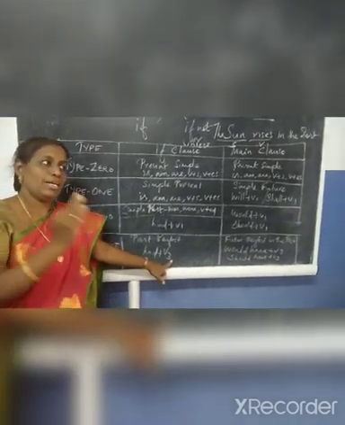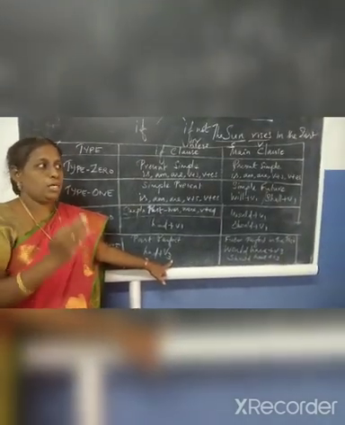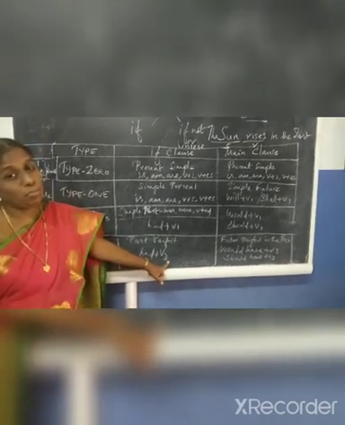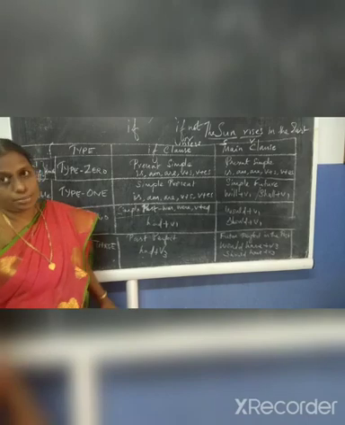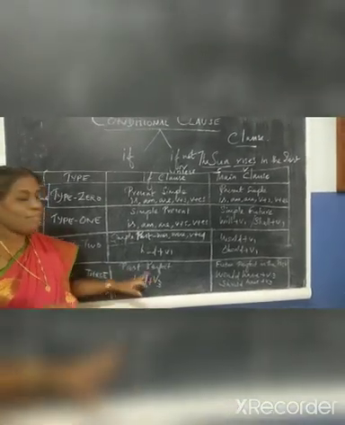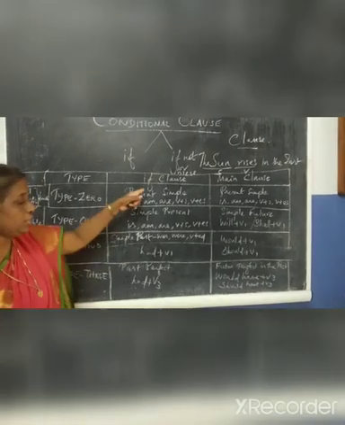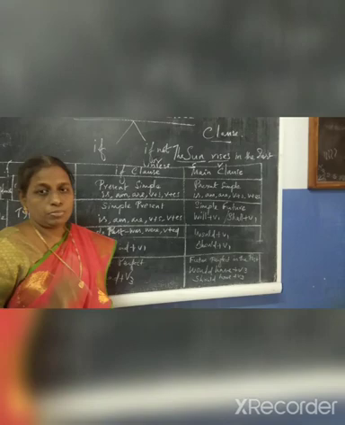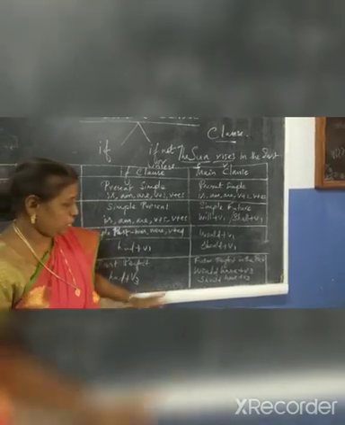For example, I already told you, catch. Catch is a main verb. Then the past participle of the main verb catch is caught. Understand? So, had plus V3. If had plus V3 comes in the if clause, what will be the result? Future perfect in the past. What is that?